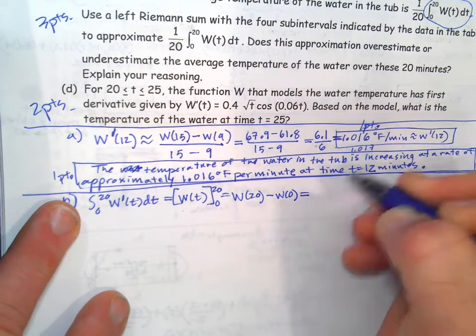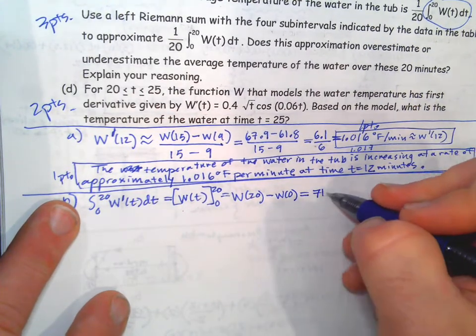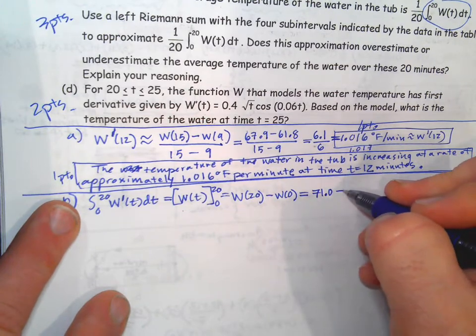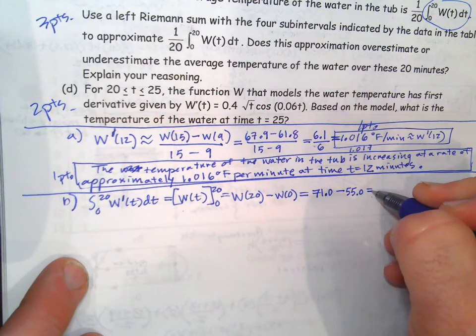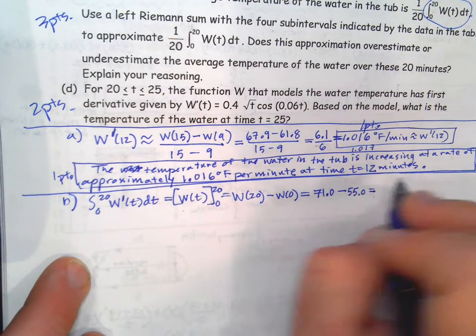These are values that are just in the table. This is not an estimate. This is exact. These values are in the table. And so we get, what do we get?